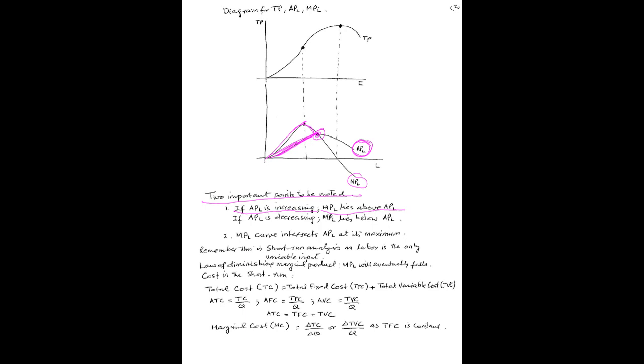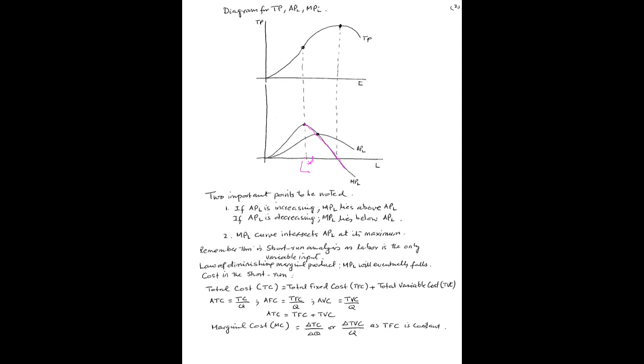I can show you in the same diagram that diminishing marginal productivity starts at this level of labor. When you hire more than this L star labor, look at this, marginal productivity starts decreasing and then becomes even negative as well, like marginal utility. So this is all as far as production is concerned. So you have total product curve, you have average productivity of labor, you have marginal productivity of labor.